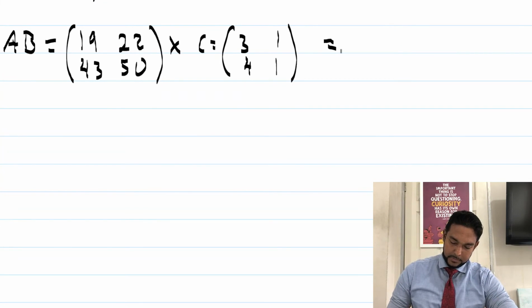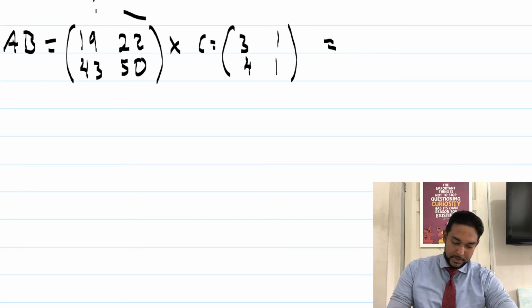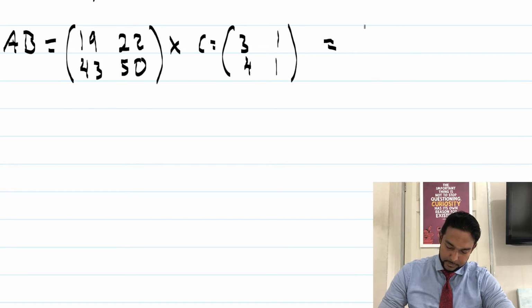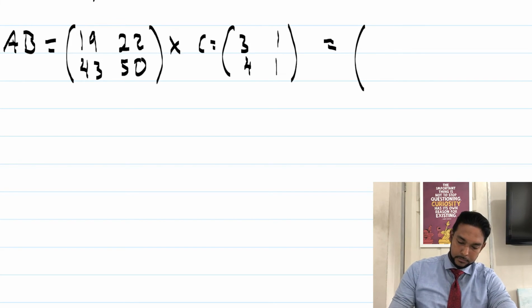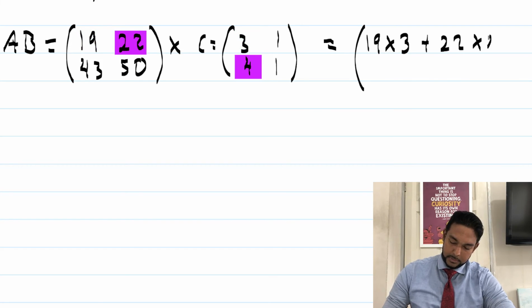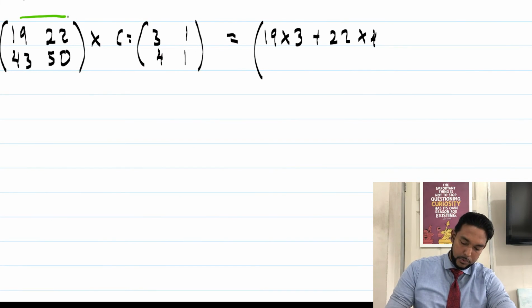Okay, so of course we have some slightly bigger numbers than usual because we have a pre-existing product, but that's okay. We don't run away from big numbers just because they're big. So let's go. We have first row by first column. So we have 19 multiplied by 3 plus 22 multiplied by 4. And now we're going to do same first row, but now by second column.